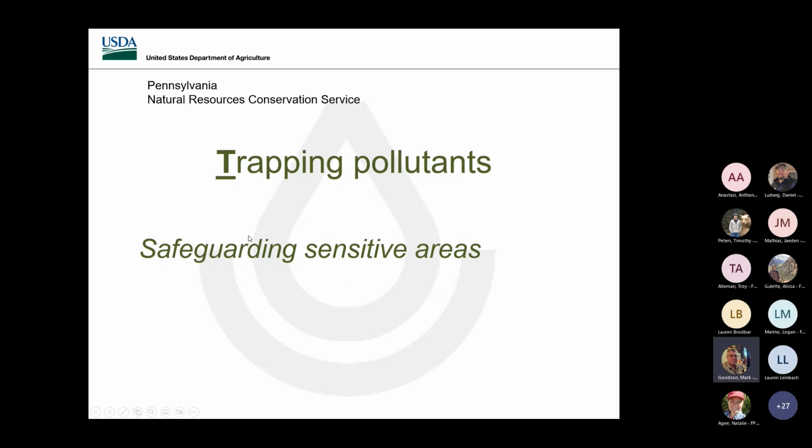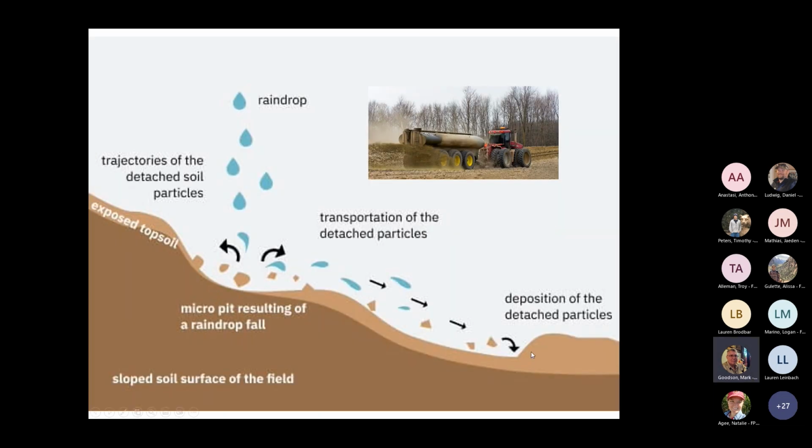Finally, we need to trap pollutants and safeguard sensitive areas. Okay, we're in an erosive situation. We're going to have runoff. We're going to try to minimize the pollutants in that runoff, but as that runoff accelerates, builds, and adds to the concentrated flow, it's going to be a chore for us to sort out these sediments, so that the runoff water that enters our waterways is clean and acceptable.